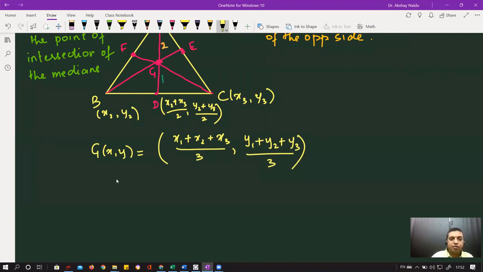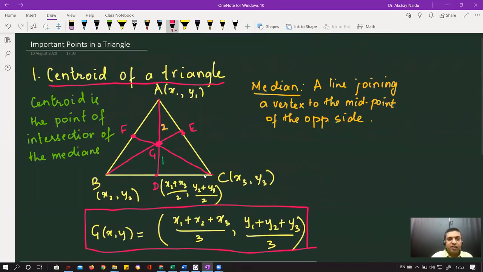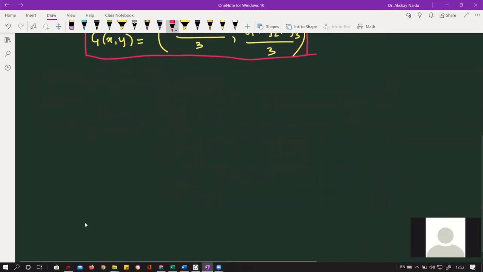Okay, this is the centroid. Got it? So this is a very important point in a triangle, centroid. Next, so centroid is point of intersection of the medians.